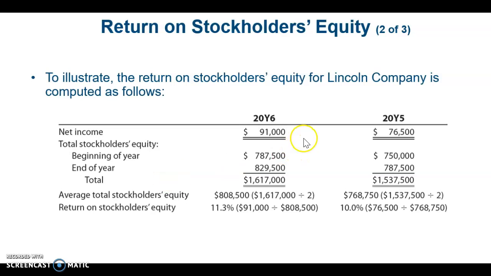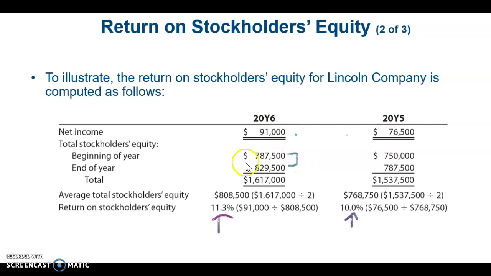So here we got our net income, we have our beginning year and our ending year stockholders' equity. Once you use your formula, you get a return of 11.3% here and 10% here. So we have a higher return this year, but we'd also want to compare that to the industry.